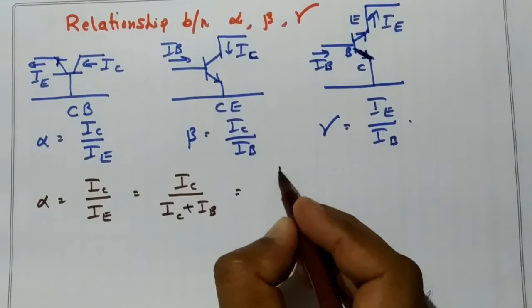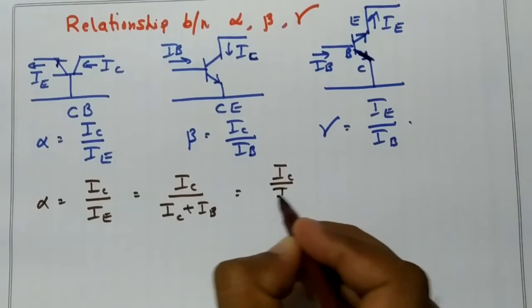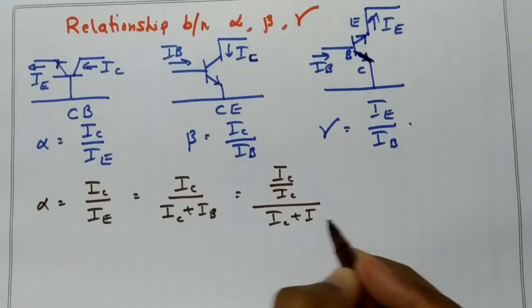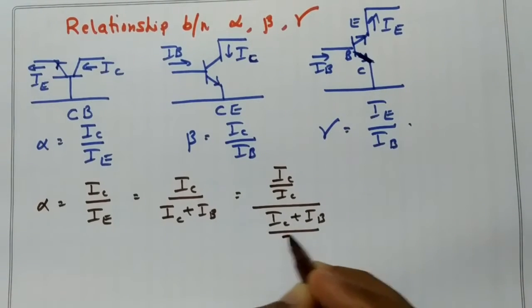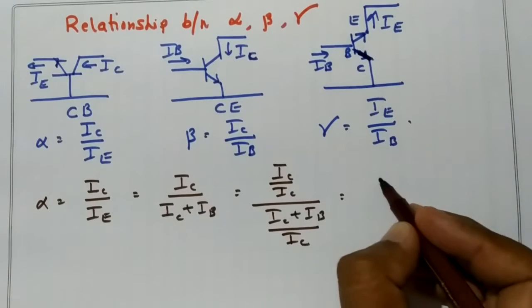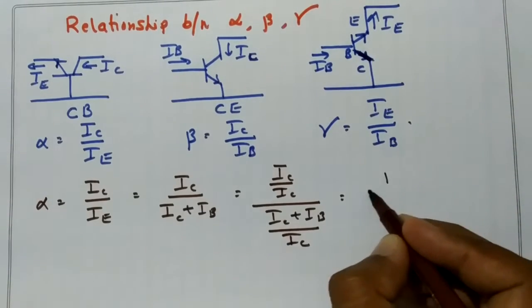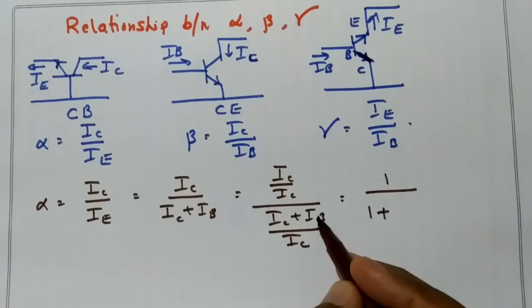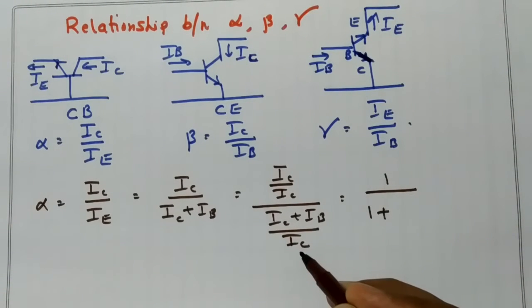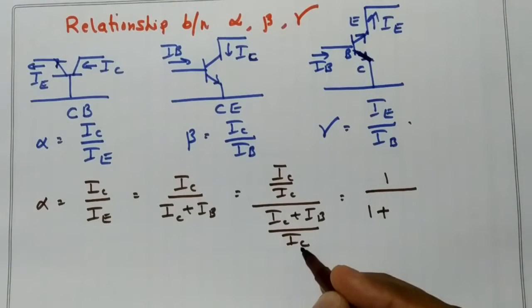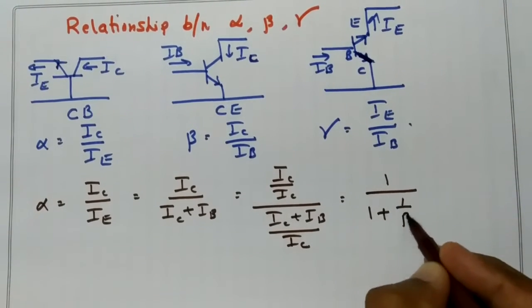So this becomes IC divided by IC whole divided by IC plus IB divided by IC. This is equal to IC by IC is 1 divided by IC divided by IC is 1 plus IB divided by IC is 1 by beta. IC by IB is beta, so IB divided by IC is 1 by beta.